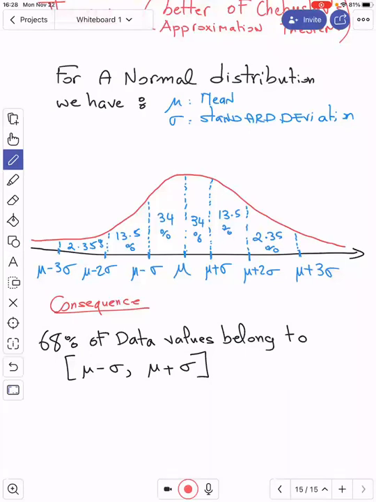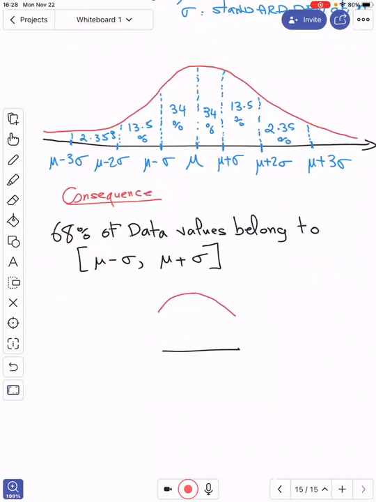That's because, as you can see in this graph, between mu minus sigma and mu plus sigma, this is mu, the mean, this is mu plus sigma, and this is mu minus sigma. The area of this region is 34%, and this one here is 34%.